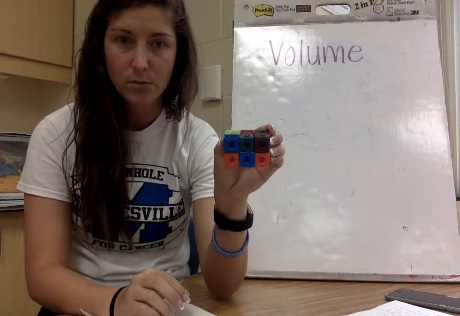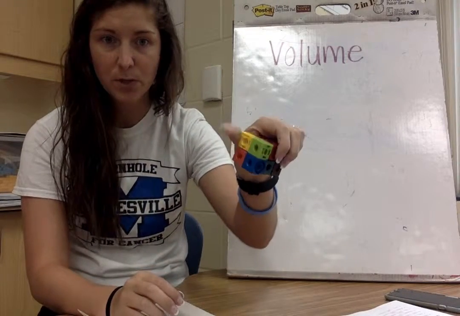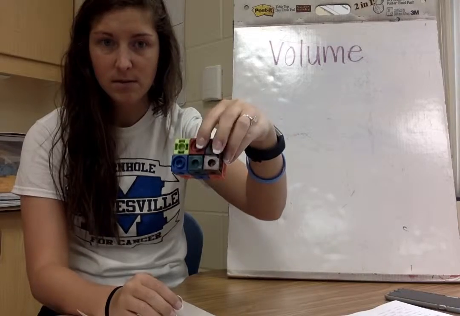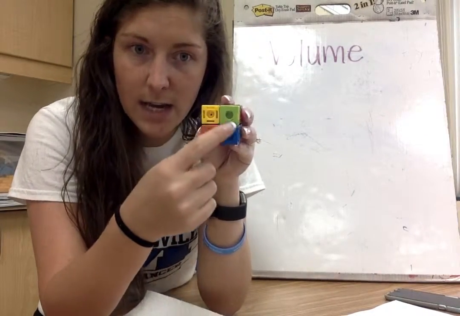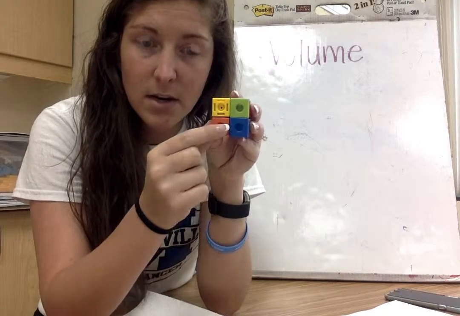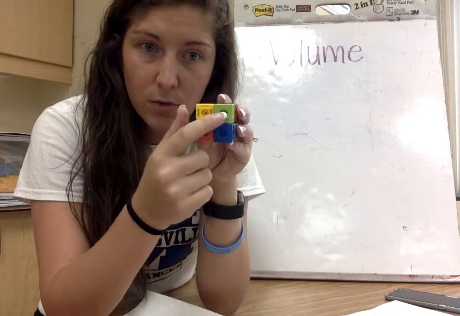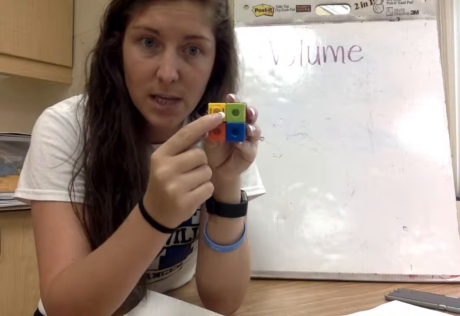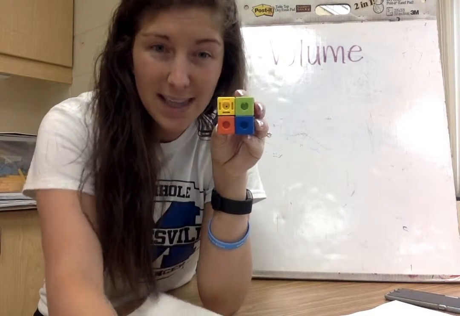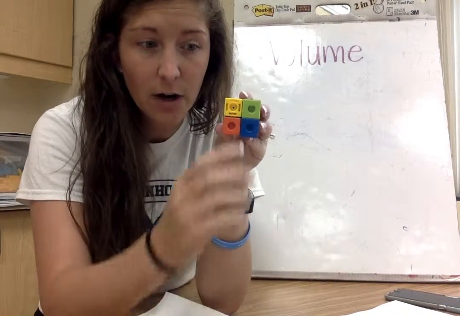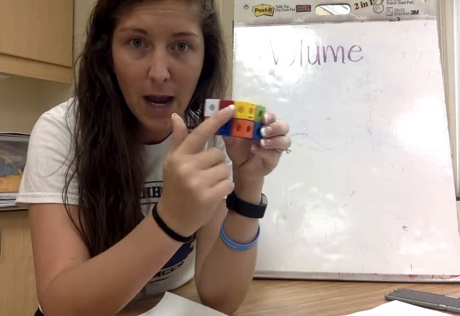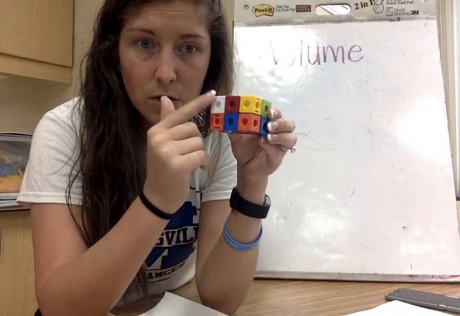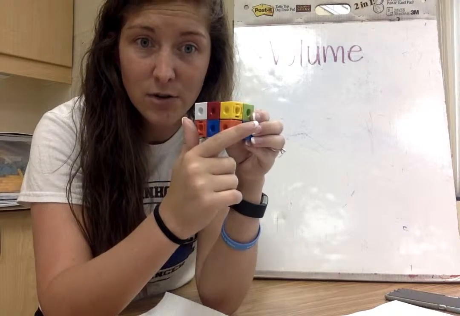We can find the volume of bigger cubes or rectangular prisms that look like this. If I have it facing this way, I see that my base here has 1, 2, 3, 4 cubes in it, okay? But that's not the volume of the figure. I also have to look at how far that base goes backwards. 1, 2, 3, it has 3 layers on it.